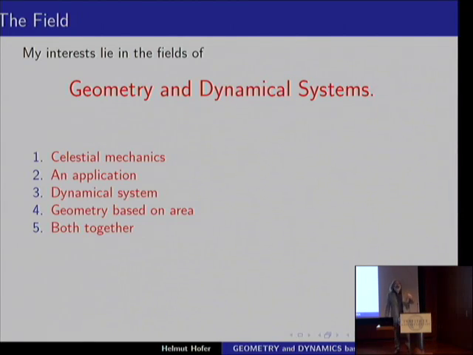The first thing I want to talk about, so that you get a feeling about the kind of problems one could study, is celestial mechanics. Then I give an application, then we become a little bit more theoretical. How should one actually see a dynamical system? Then I will introduce a geometry based on area, which is not a geometry you would easily think of, but I will do it in a gentle way, hopefully.